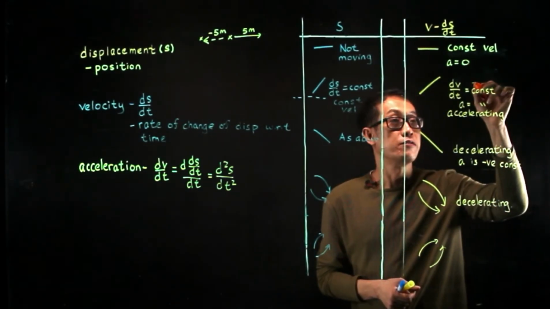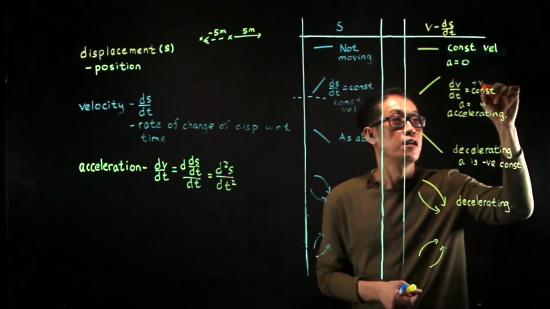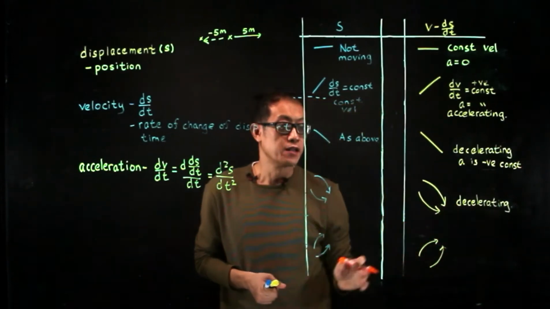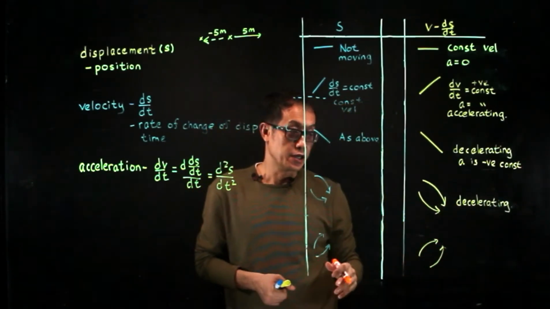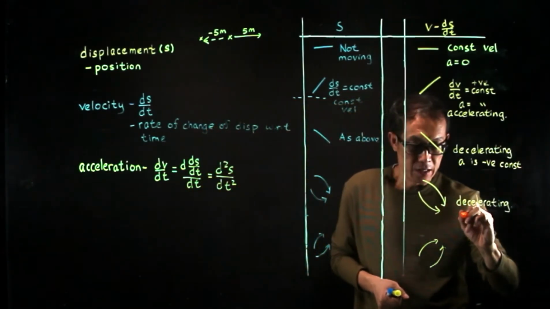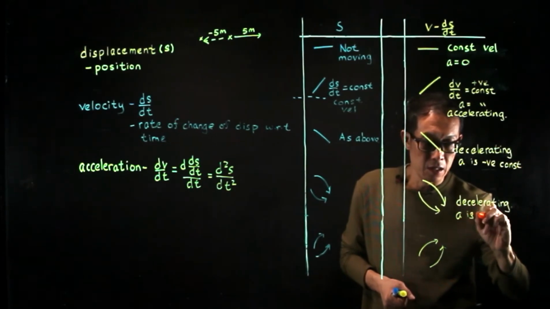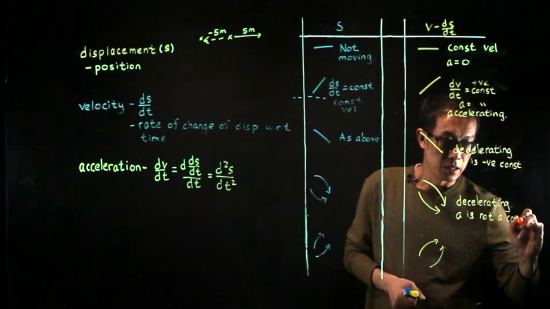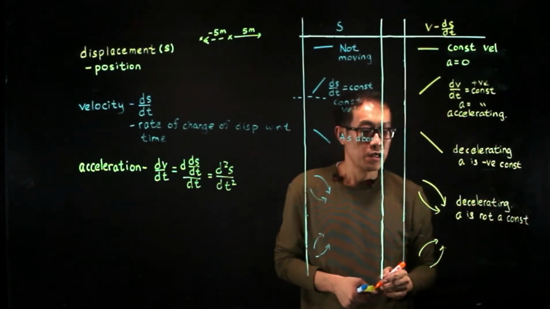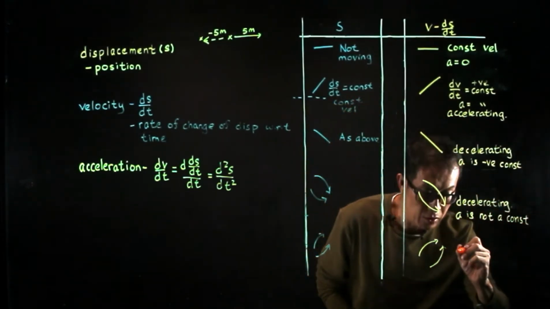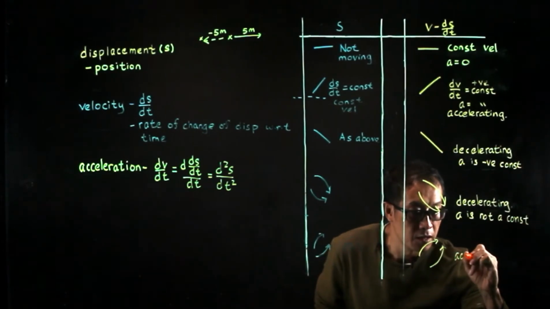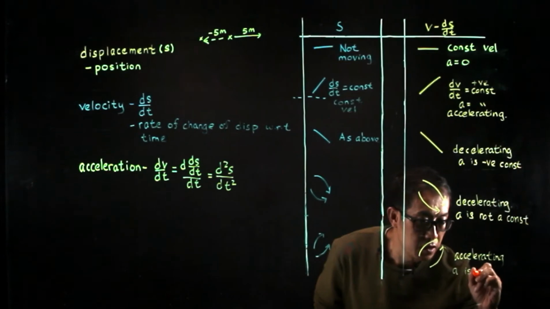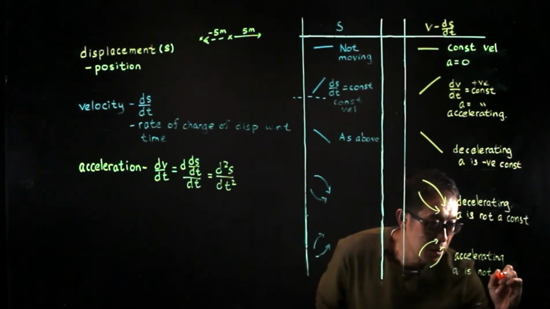This is a positive constant. This is decelerating because the gradient is negative. Now, a is not a constant. This is accelerating and a is not a constant.